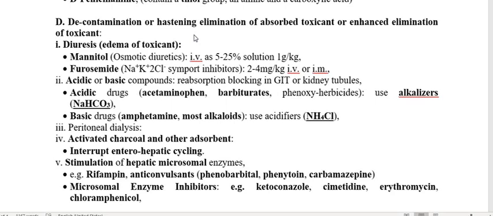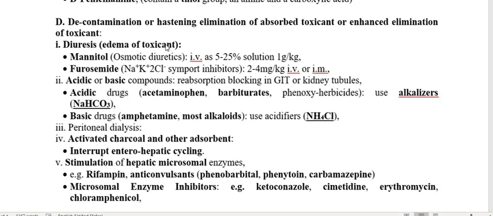Next, we have to enhance the excretion of the toxicant or poison. How do we enhance the excretion?